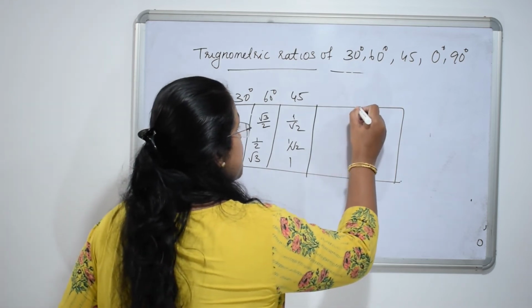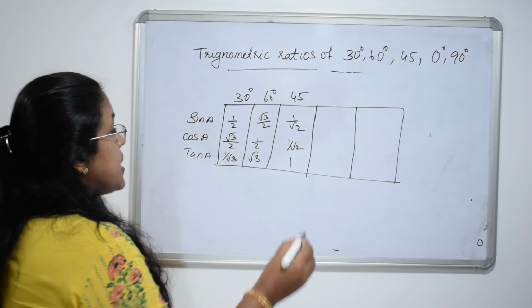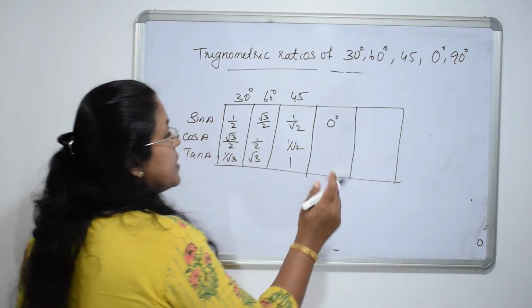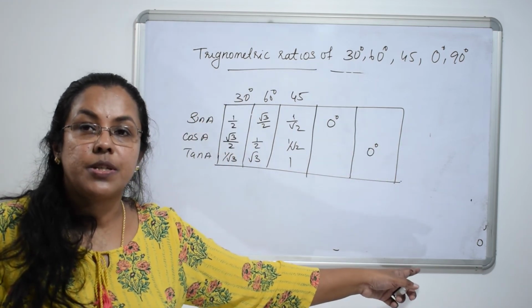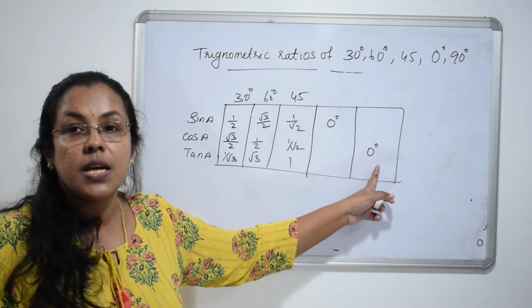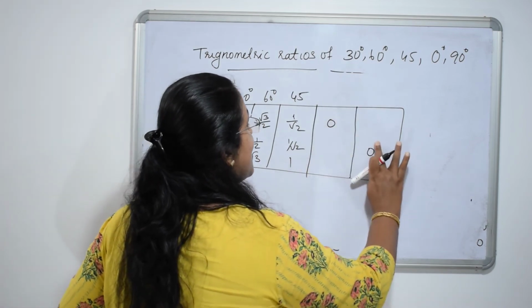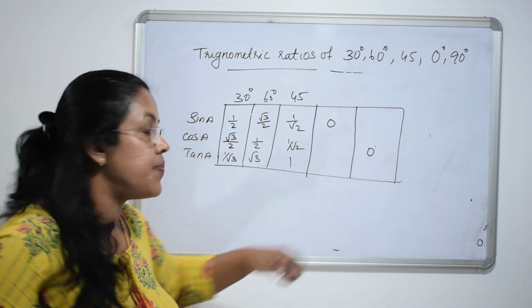Next comes 0 and 90 degrees. Sin 0 is 0, which is the same as cos 90. We just proved it. Cos 0 is 1, which is the same as sin 90. This is 0 degrees and this is 90 degrees. Sin 0 is 0, which is the same as cos 90.